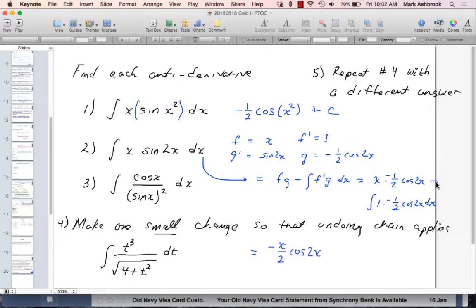So we have plus sine 2x, and we have a 1/2, but we need another 1/2 for this 2, so plus 1/4 sine 2x plus c.